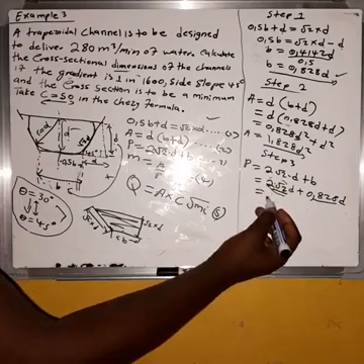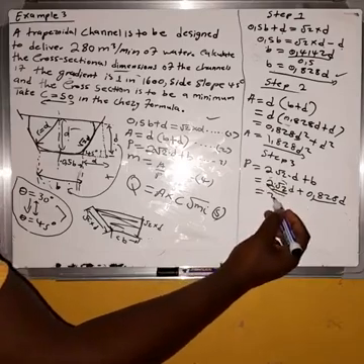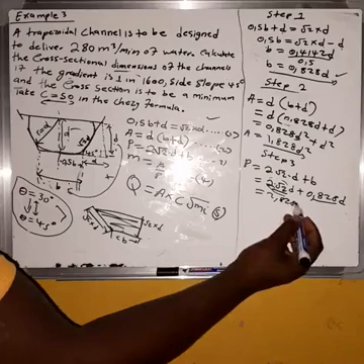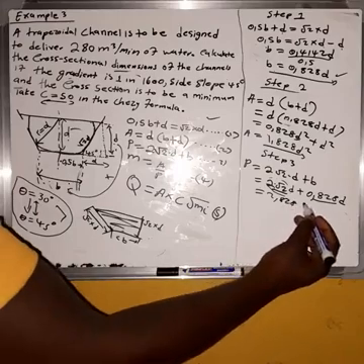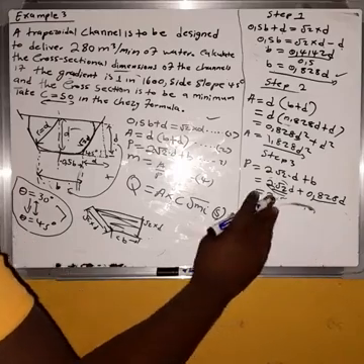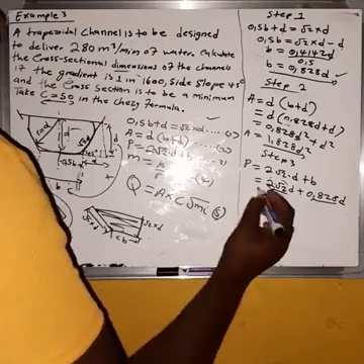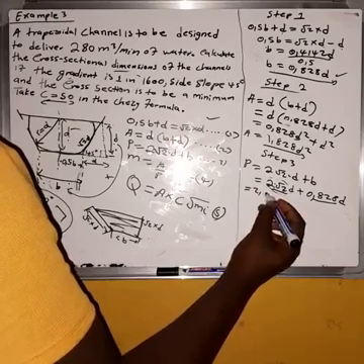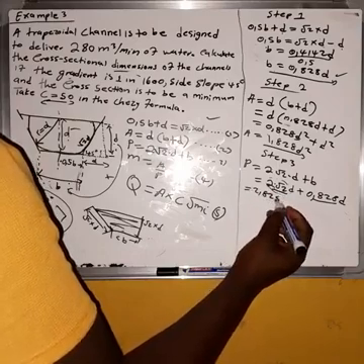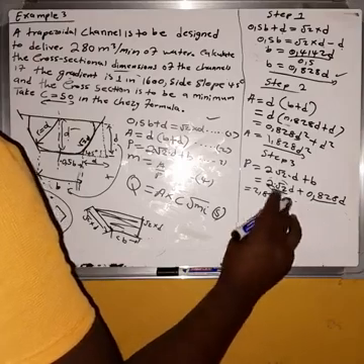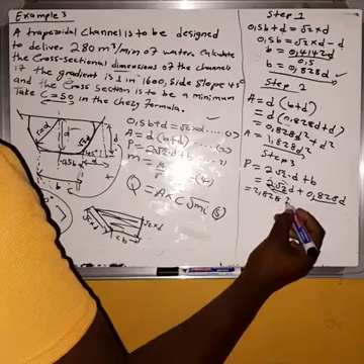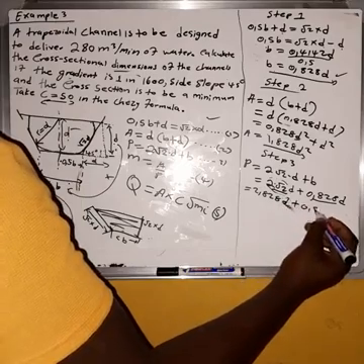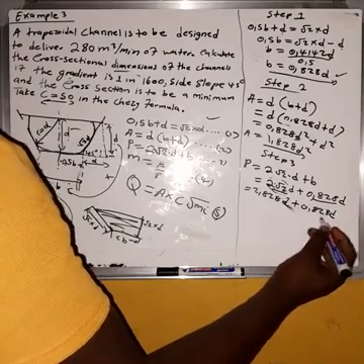If you punch that on your calculator, you're supposed to get 2.828 plus 0.828d.